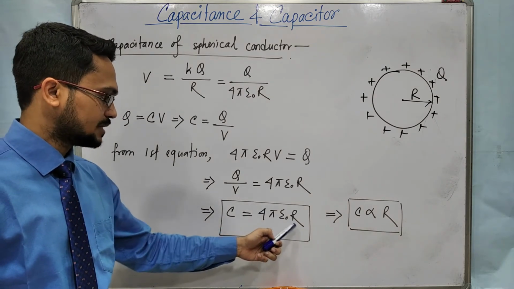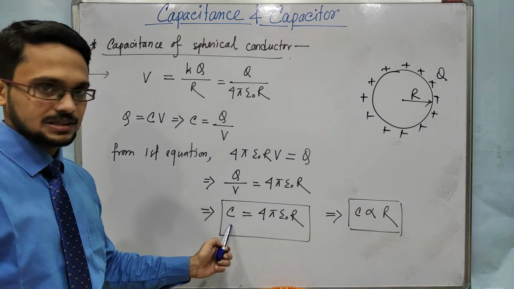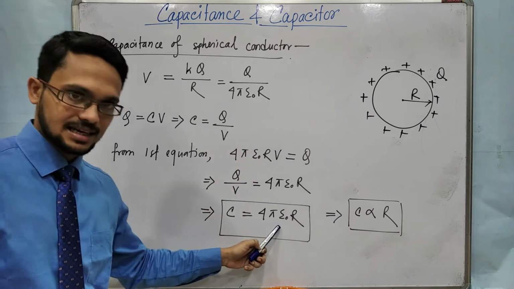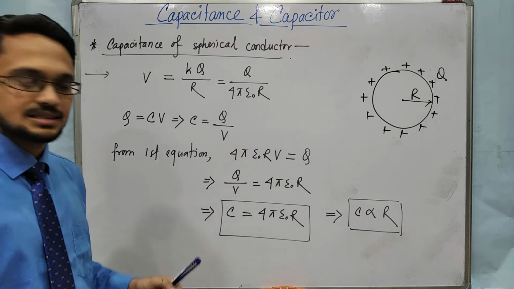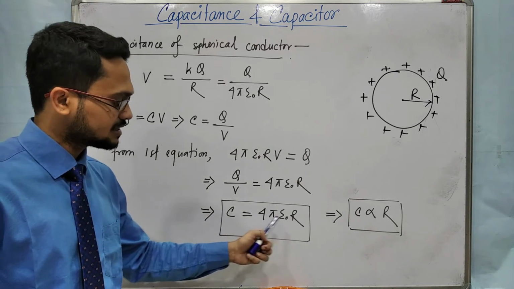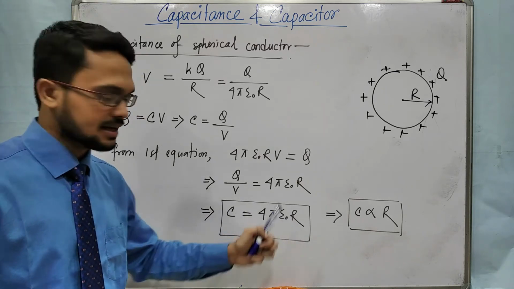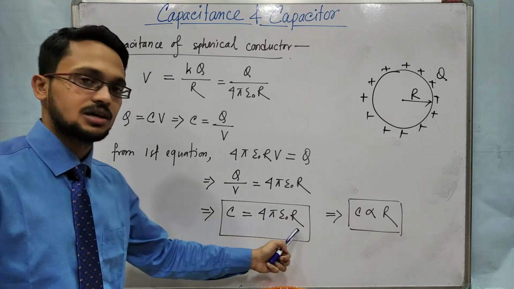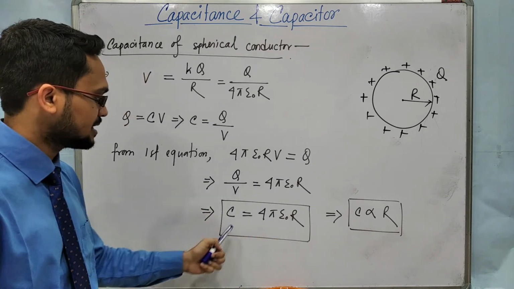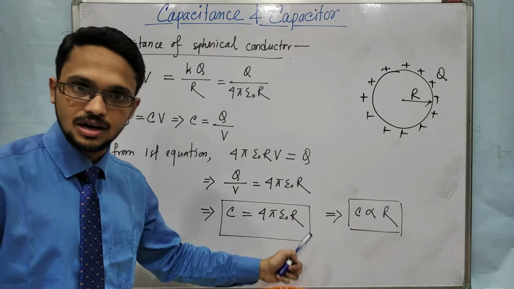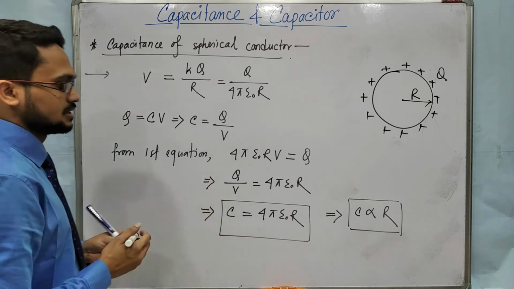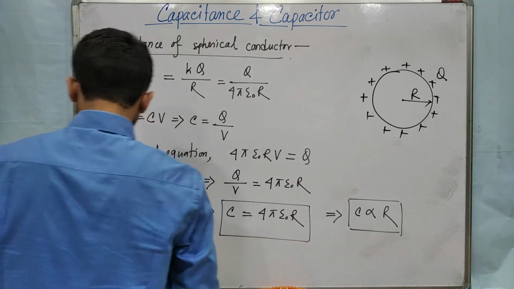C equals 4 pi epsilon 0 r is the formula of capacitance of a spherical conductor in the SI system. In the CGS system, C is equal to R only. This is a small, very easy derivation.